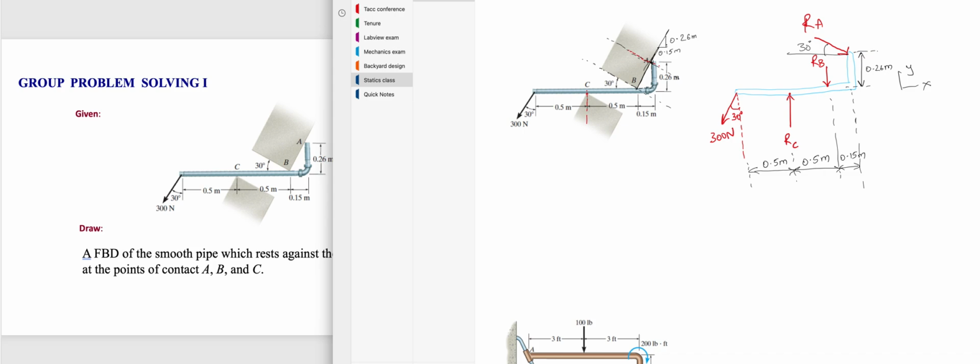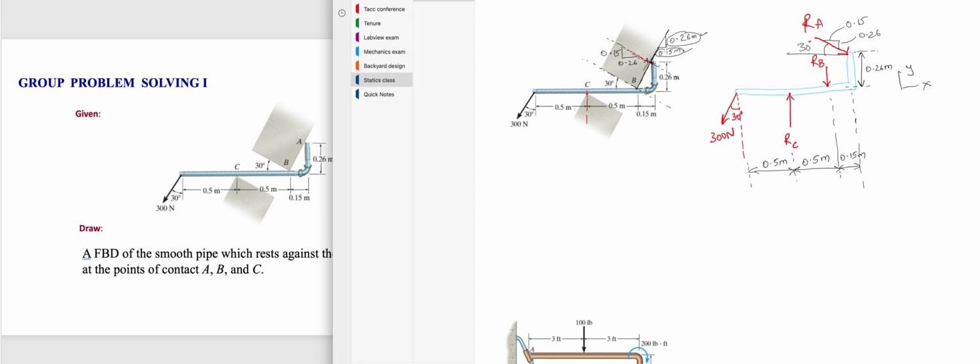The slope of this line would be the flipped version of the slope given here. That means y here would become x, that means here 0.26, and x here would become y for the line that is perpendicular to AB, which is 0.15. That means the slope of RA could be written as x to be 0.15, y to be 0.26. That is one way to write, or we can give angle. Anything is fine. Now let's proceed with solving this problem.